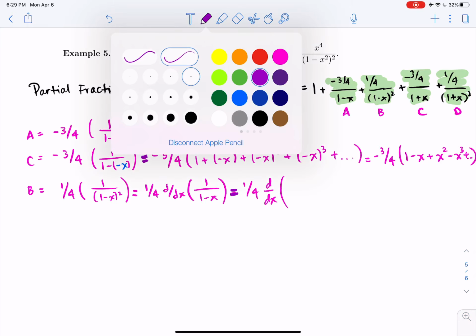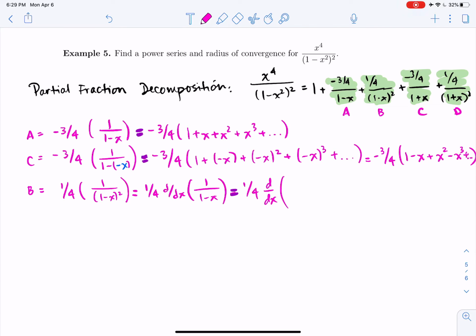So this is where we'll be taking the derivative of the power series. Let me just write the power series of 1 over 1 minus x, which we know is 1 plus x squared plus x cubed, etc. So that will become 1 over 4 times 1 plus 2x plus 3x squared, etc.